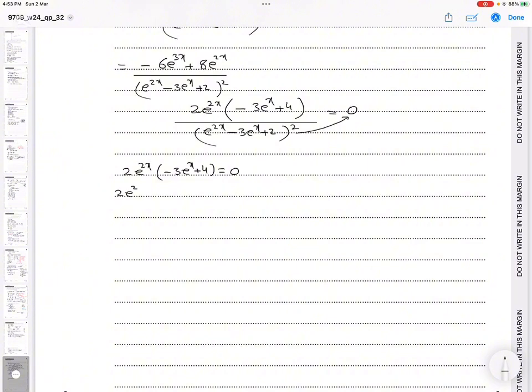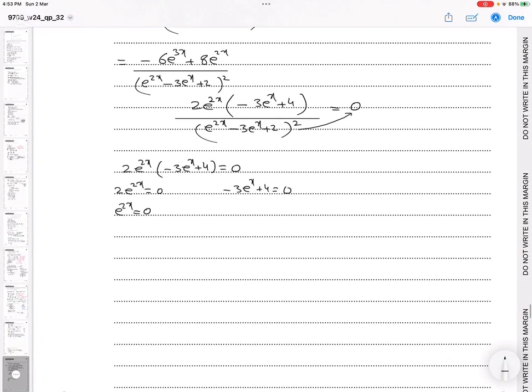So 2e^(2x) equals 0, or minus 3e^x plus 4 equals 0. From here, e^(2x) would equal 0. Take ln on both sides: ln e^(2x) equals ln 0. So ln 0 gives you a math error, so this is not valid.